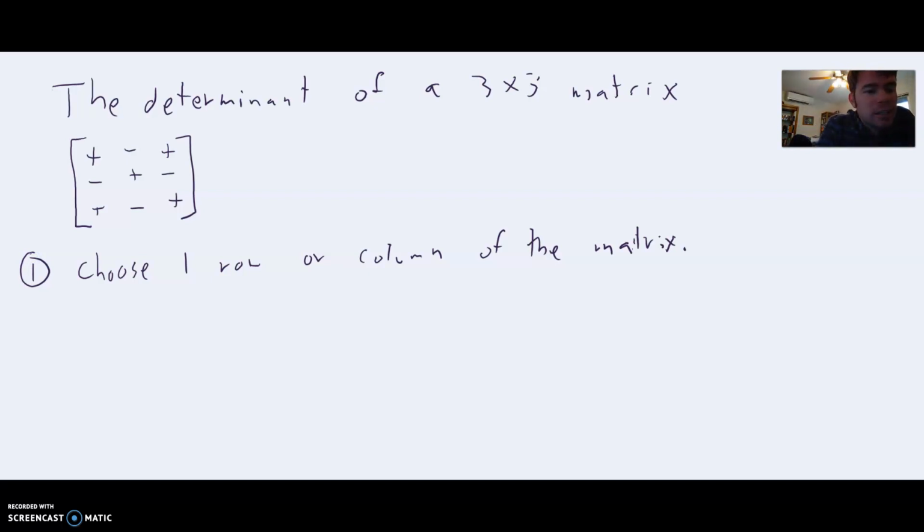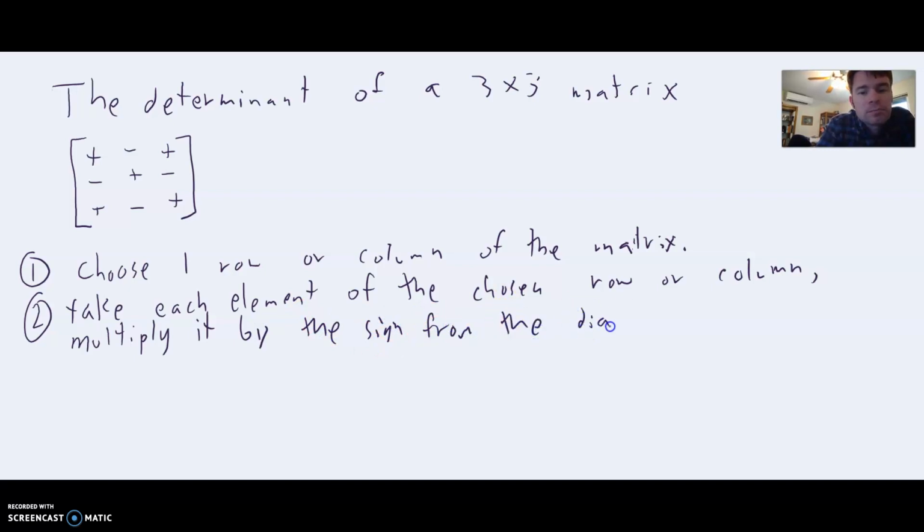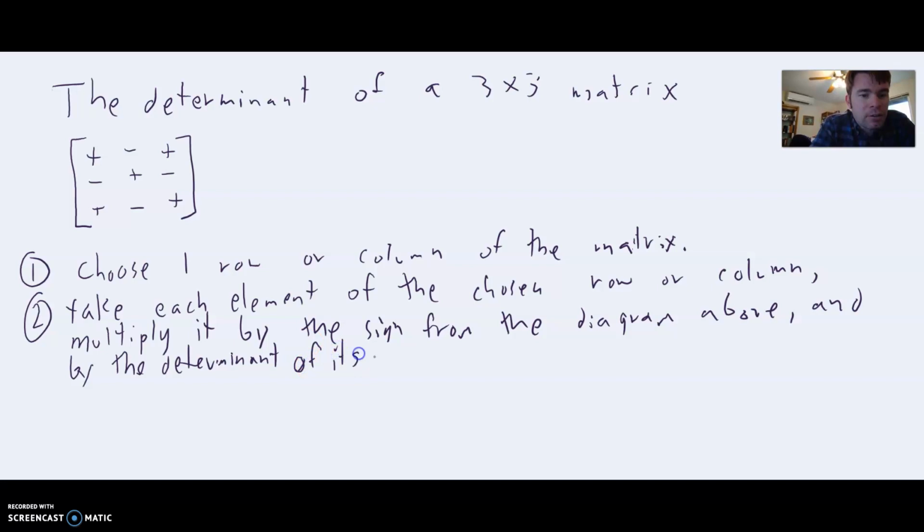And what we're going to do is take each element of this row or the column, multiply it by the sign from the diagram above, and by the determinant of its minor.